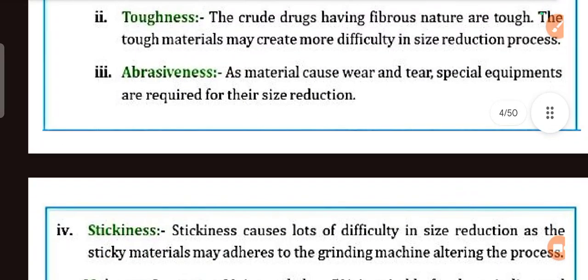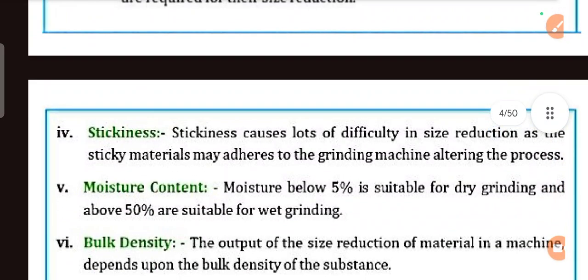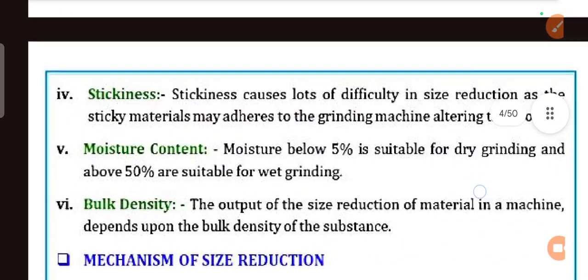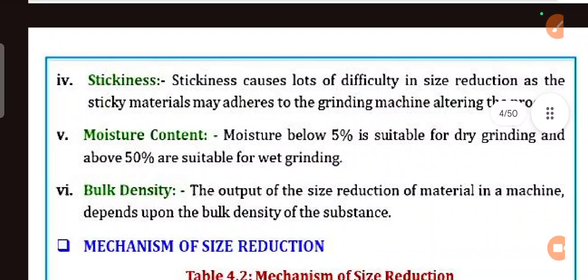Abrasiveness. As material causes wear and tear, special equipment is required for their size reduction. Stickiness. Stickiness causes lots of difficulty in size reduction as the sticky material may adhere to the grinding machine, altering the process.